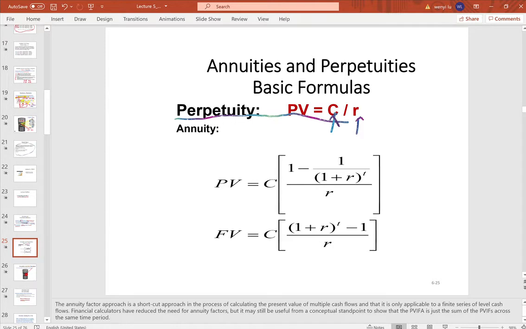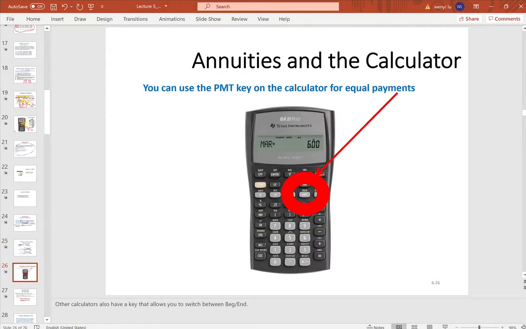For annuity, the formula looks a little bit tricky and is not easy to memorize. And if you do the calculations, it's also not easy to catch. So we will prefer to use our financial calculators. On the financial calculators, there's a special key for the payment, exactly on our financial calculator surface.